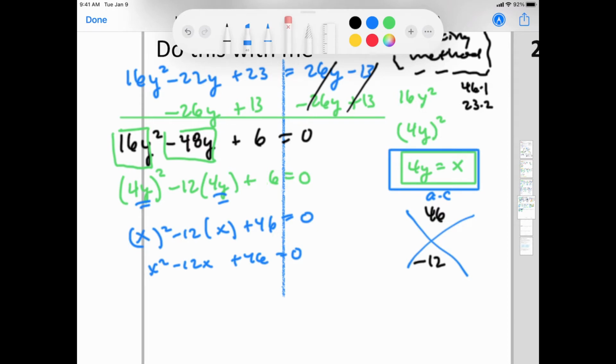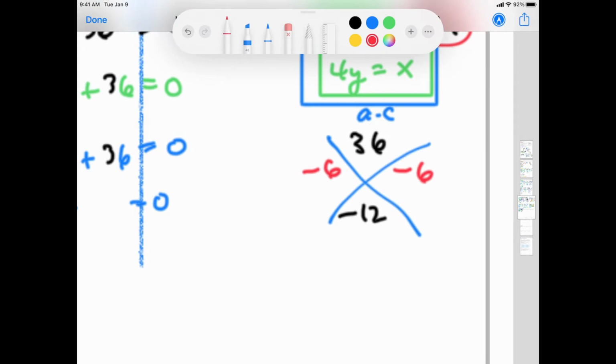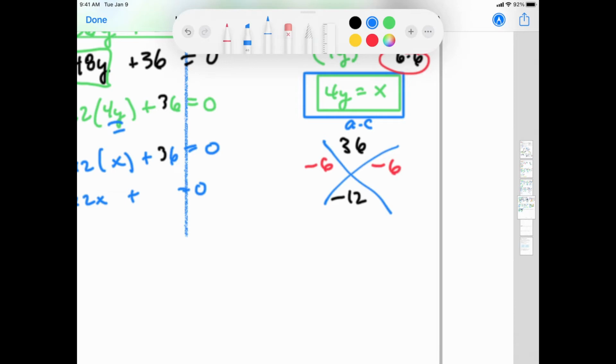That's 36. That might make my life easier. Let's try that again. 36 and 1, 2 and 18, 3 and 12, 6 and 6. So my winner, negative 6 and negative 6. Alright, negative 6 times negative 6 is 36. And negative 6 plus negative 6 is negative 12. So I have my box. I turn into an oval.